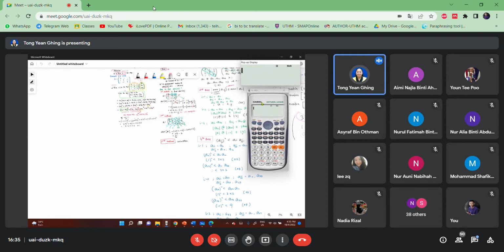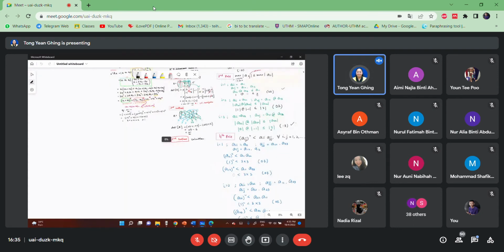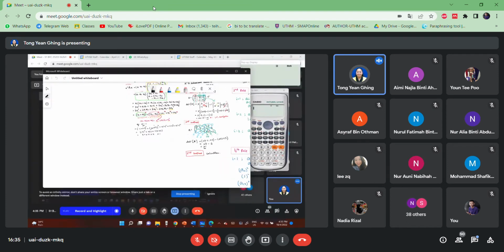Calculator punya apa? So if you are using this one.